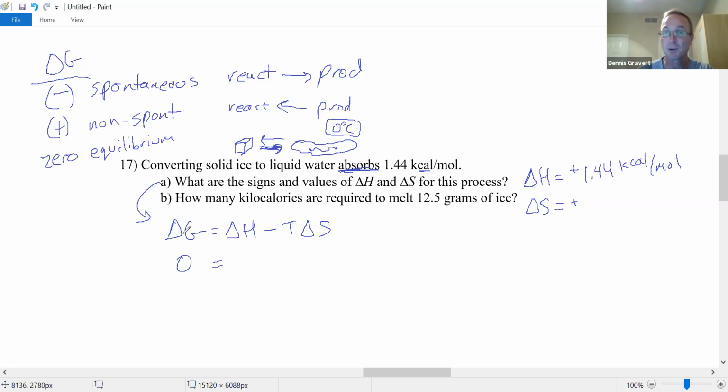So now we have a number we can put in for our equation. What's delta H? It's 1.44 and it's positive, and it's kilocalories per mole. What's the temperature? Well, we just said it's 0 degrees Celsius. Can I put a 0 here? No, because 0 times delta S is 0. Wait, this is Kelvin.